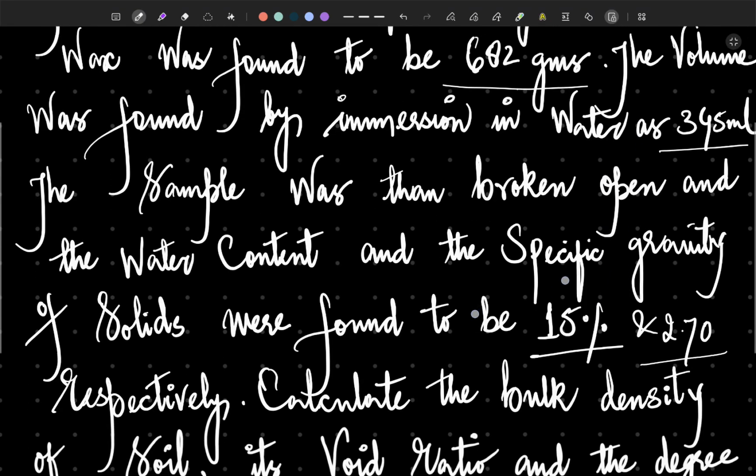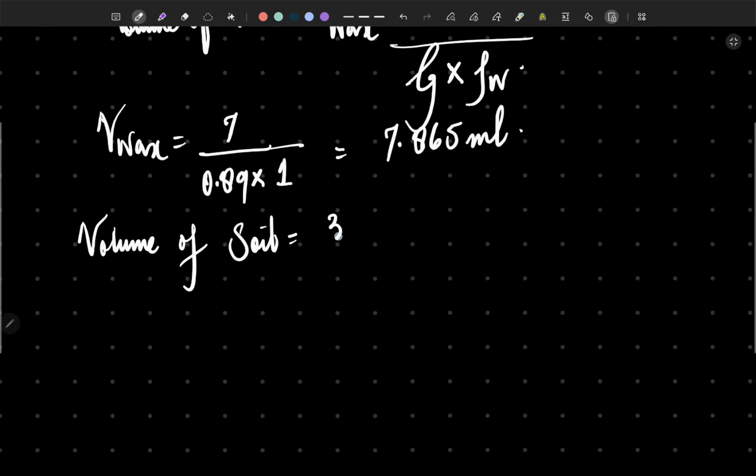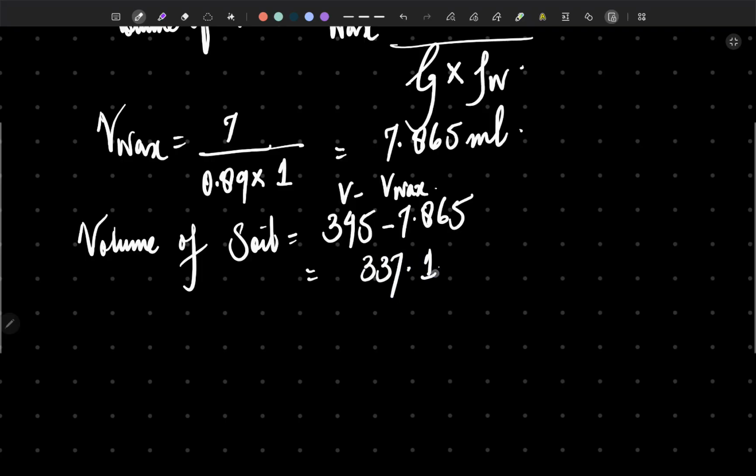That means the volume of soil will be 345 milliliters minus the volume of wax. This is the total volume as found by immersion in water. We know the volume of wax as well, that is 7.865 milliliters. So the volume of soil is 337.135 milliliters.